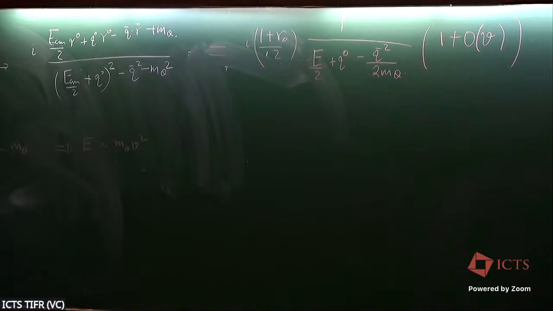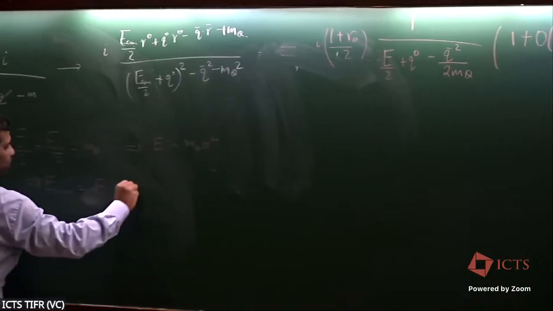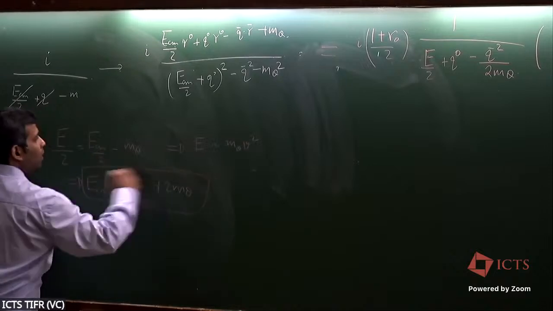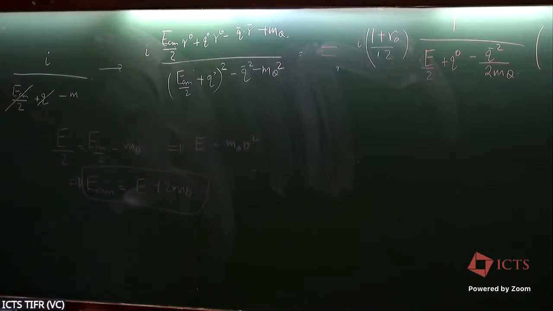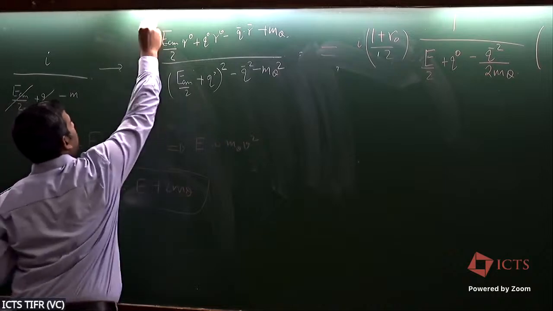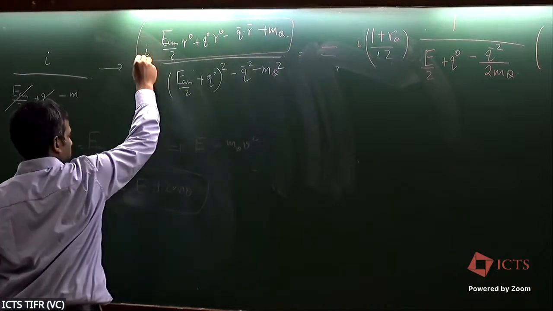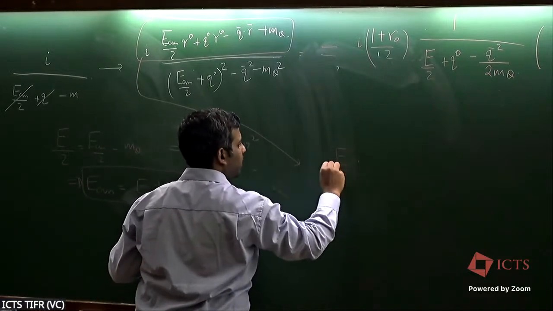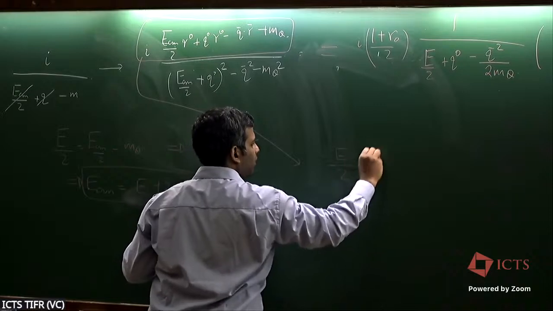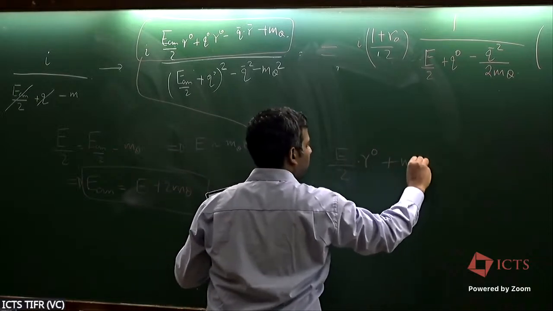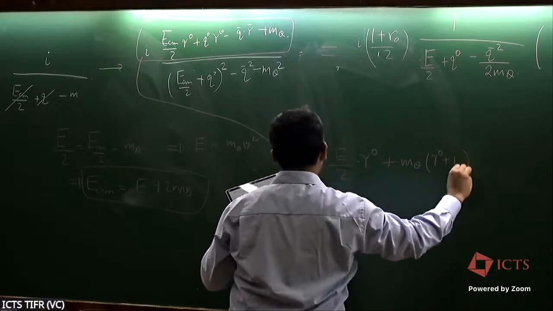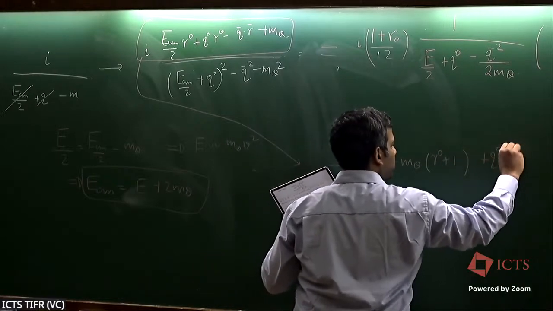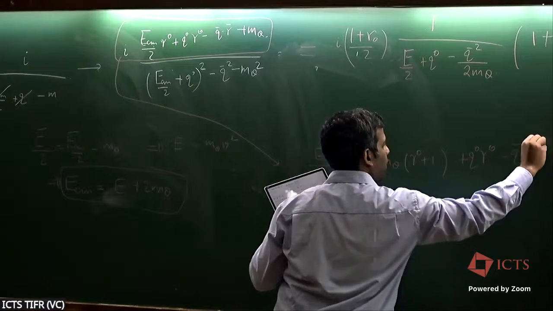If I use this relation, which means my E center of mass is E plus 2mq, which I substitute for simplification, this numerator term goes like E by 2 gamma 0 plus mq gamma 0 plus 1 plus q0 gamma 0 minus q dot gamma.